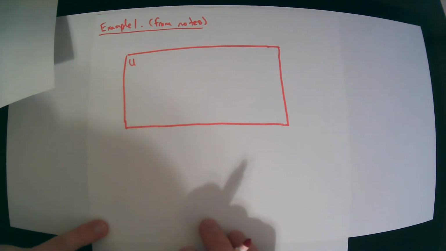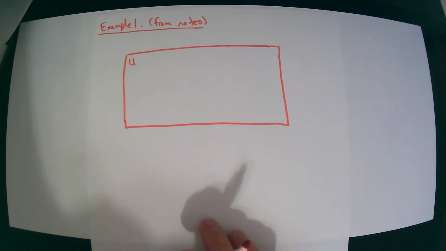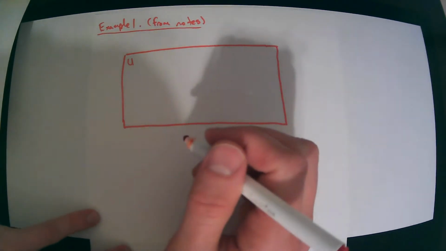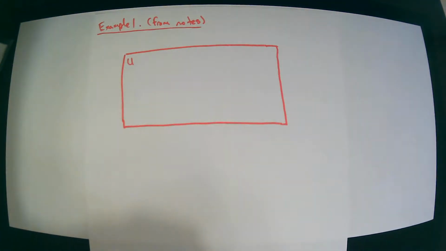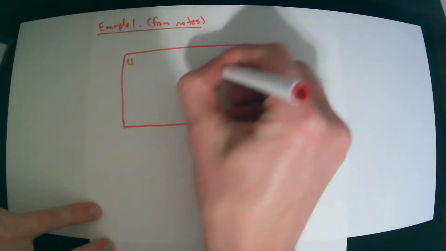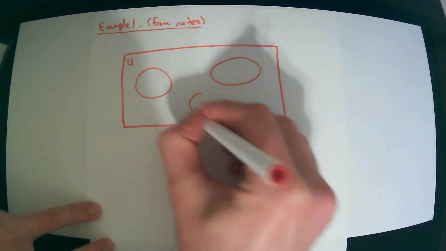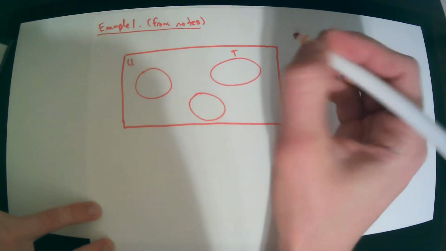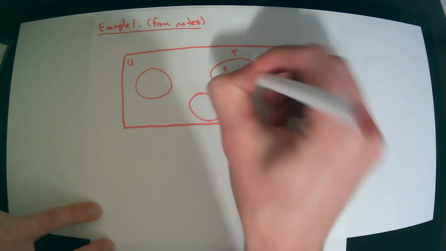Alright, so we've got T is equal to {T, J, M, D}. Let's see, do any of these overlap? No. So this is actually also example 1 from the text. So let me draw it the same way they do, oriented the same way. T, S, and V. U here is the English alphabet.